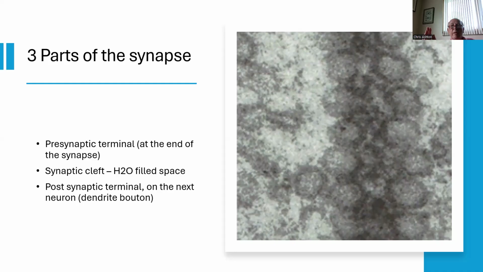And between the presynaptic terminal and the next neuron, there is a water-filled space that is electrochemically neutral, and that's where the neurotransmitters are released to then interact with the postsynaptic terminal on the next neuron.